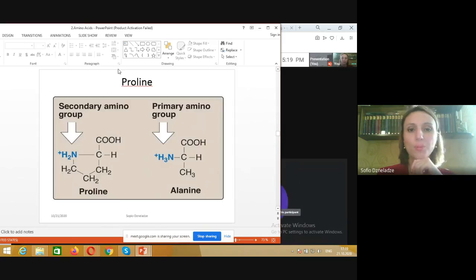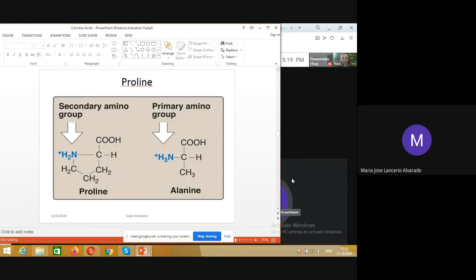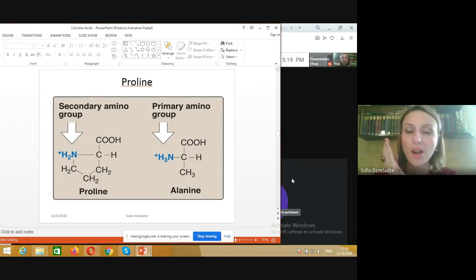Now let's talk about the proline. Why is the proline an exception among 20 amino acids, Maria? It has a secondary amino group. Why is it secondary? Because this amino group is participating in the five-membered ring.